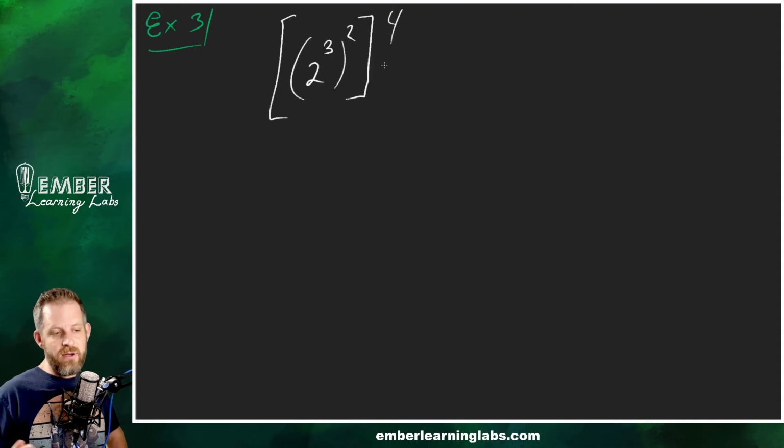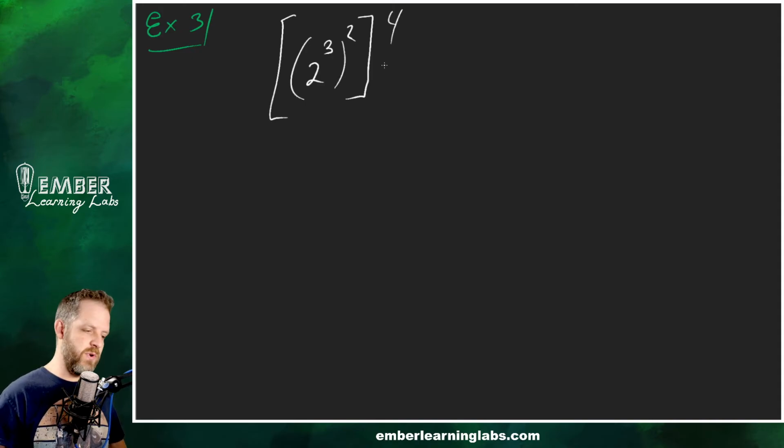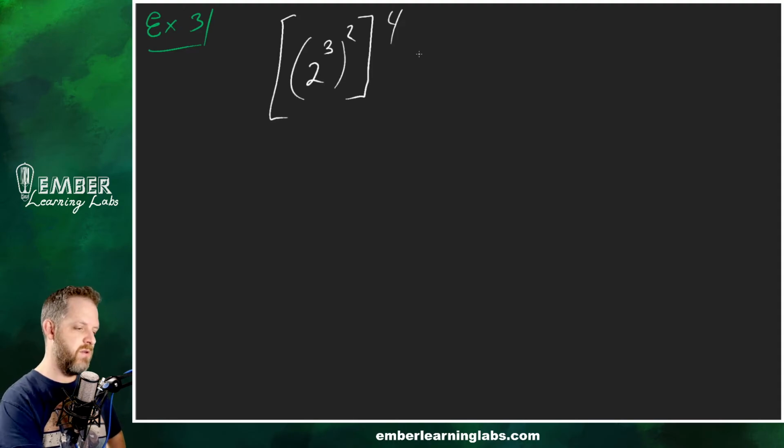Okay, so we're going to do like we normally do with grouping symbols or parentheses. We're going to work this from the inside out, right? You could actually do it all at once, but we'll give ourselves some best practice and not do it that way. 2 cubed squared.